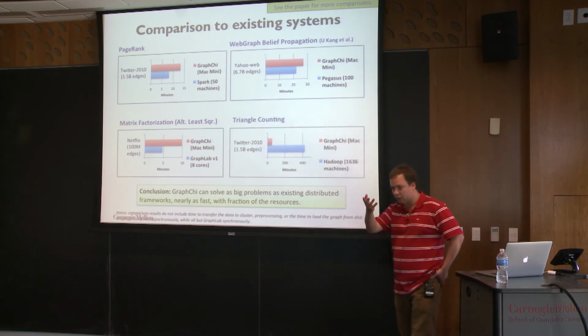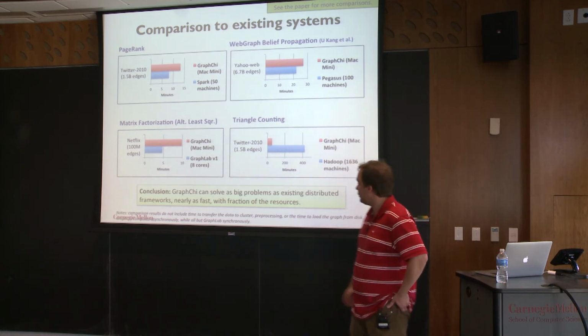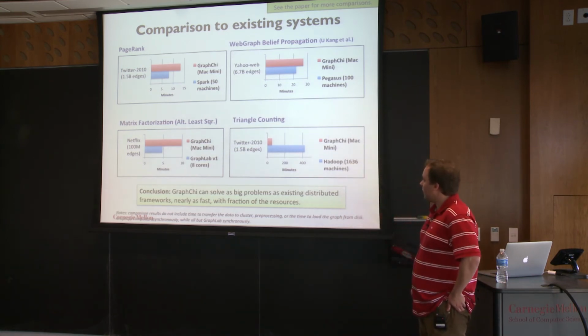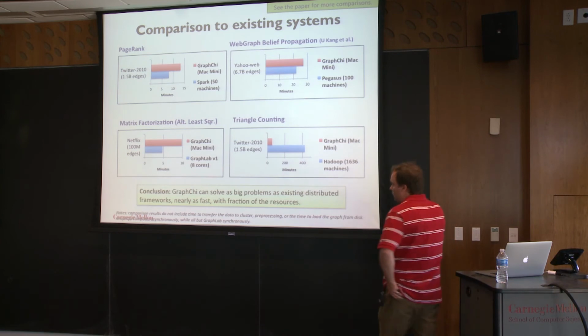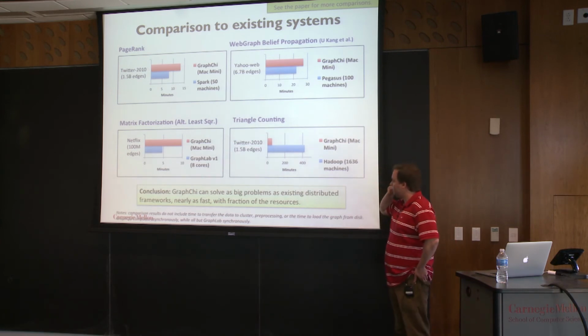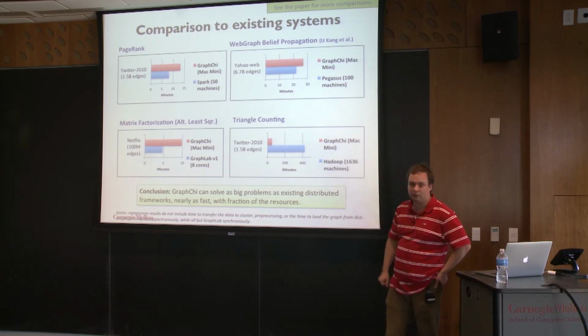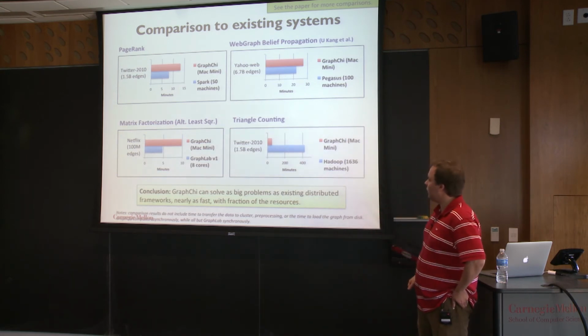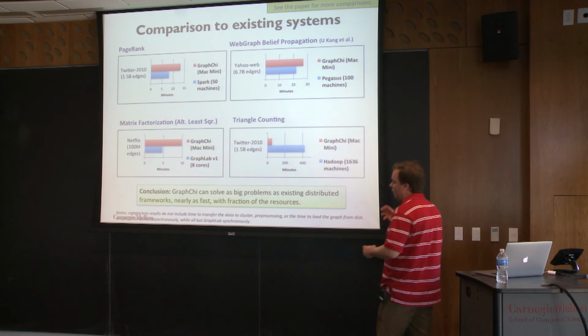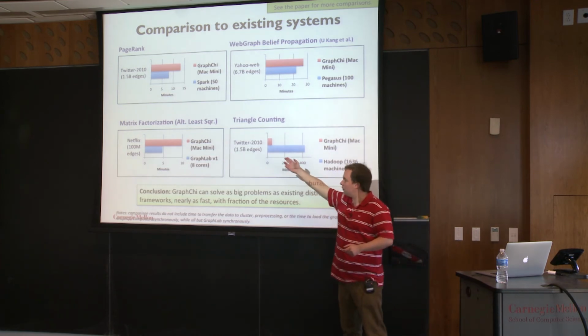Triangle counting is something that we have had a talk on in ML Lunch as well, and there was a paper in WWW, I think 2011, where they used a Hadoop cluster of 1,636 machines to compute triangles for each vertex in the Twitter graph.